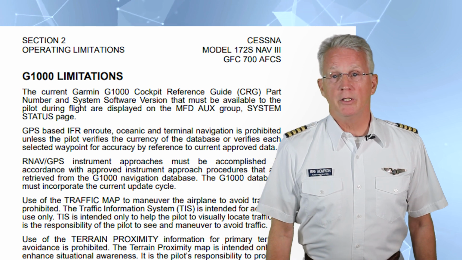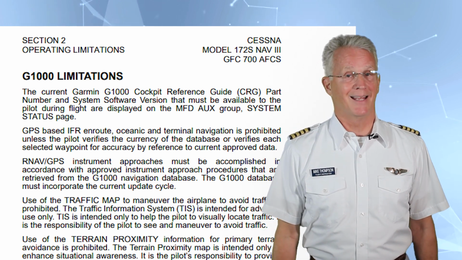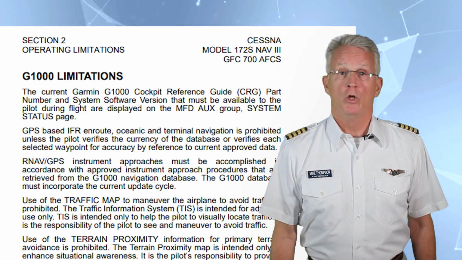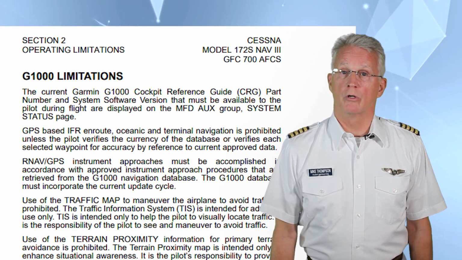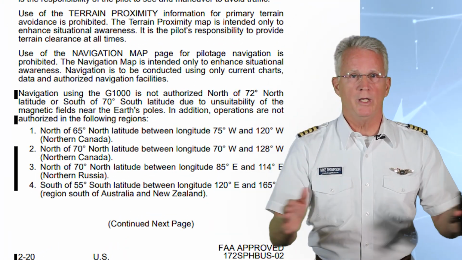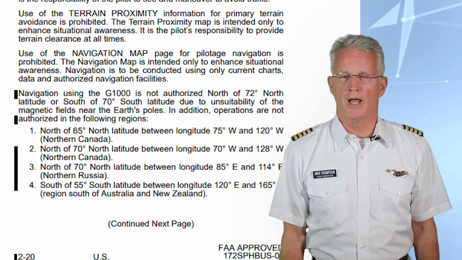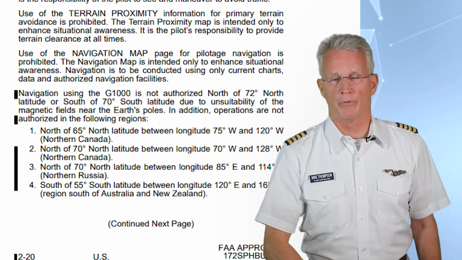Shown there are limitations of the traffic map, terrain proximity, and the navigation map. Notice that beyond certain latitudes, both north and south, between defined longitudes, use of the G1000 is not authorized.